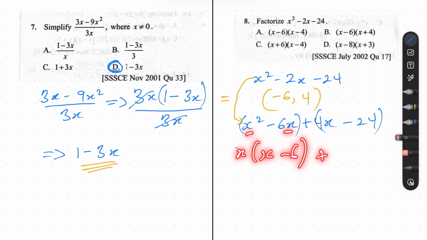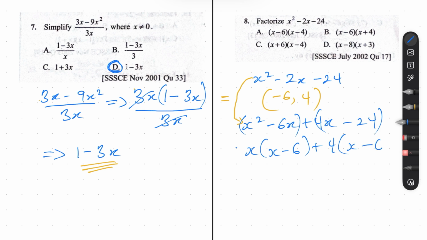If you multiply this, you get this. And plus, we factor 4 out, plus 4 times x minus 6. Because if you factor 4 out of 24, you get 6, and 4 times 6 will give us 24, right?